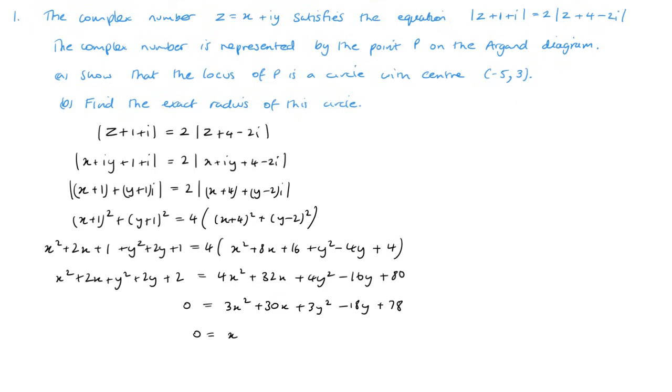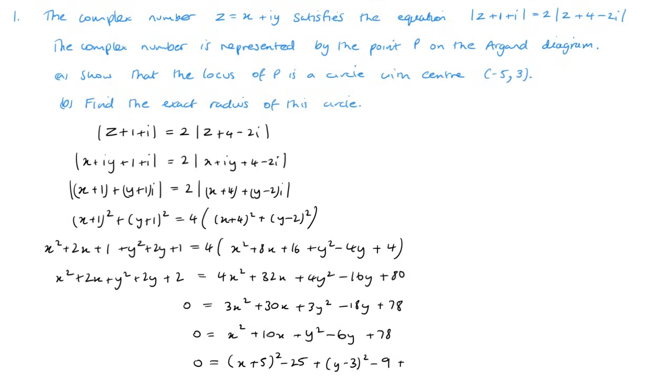Now dividing by 3, we get x squared plus 10x plus y squared minus 6y plus 78. Now completing the square for my x's and y's, I get (x plus 5) squared minus 25 plus (y minus 3) squared minus 9 plus 78.